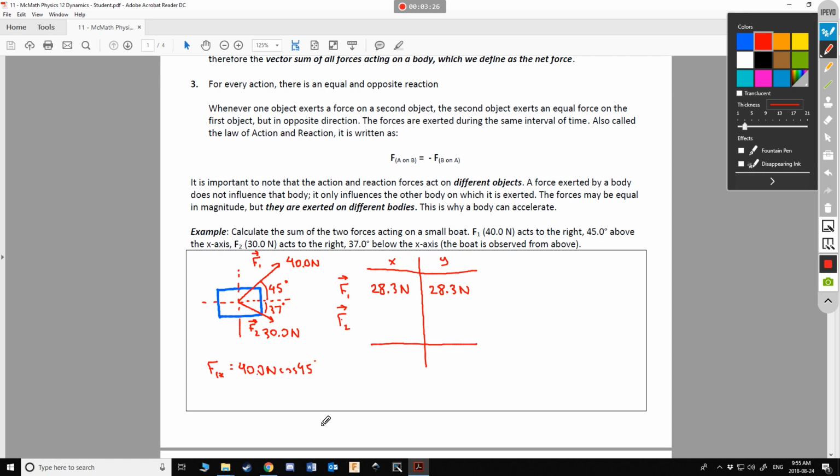For F2, F2x is going to equal 30.0 newtons cos 37 degrees. 30 cos 37. We get 24.0.